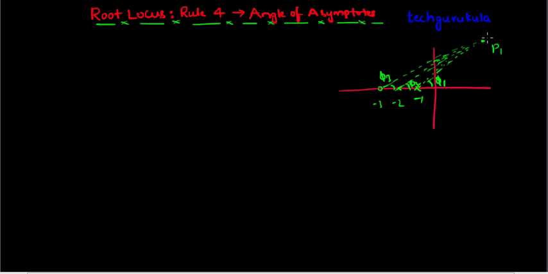And if this P1 goes further away, and assume that this P1 is present on the root locus, then the angle condition and magnitude condition will be satisfied. That's the whole point of saying it is present on the root locus, right?